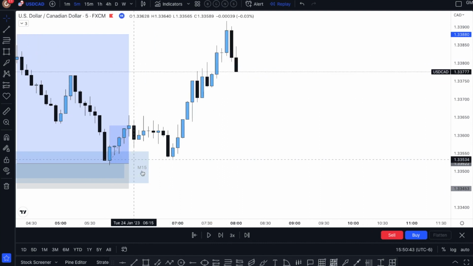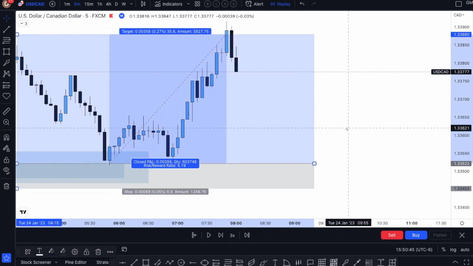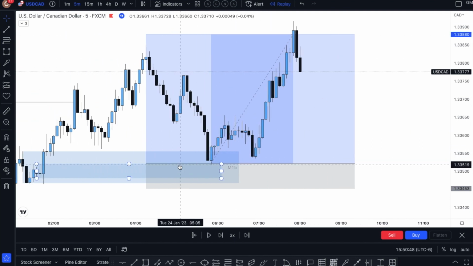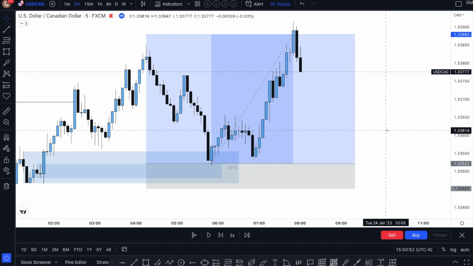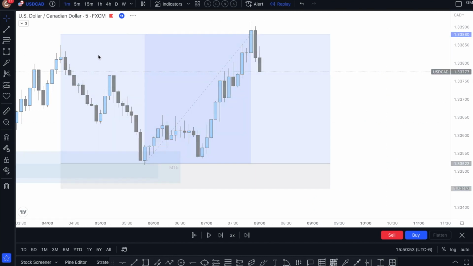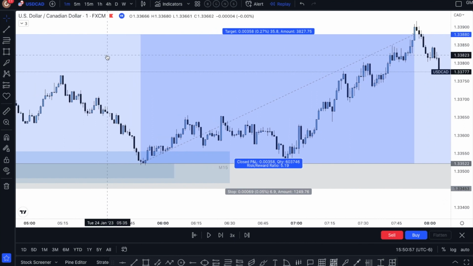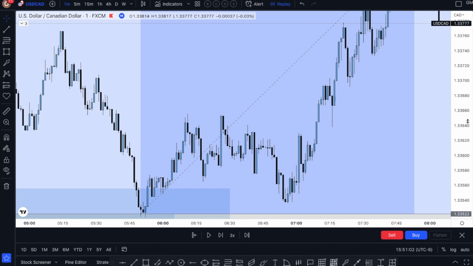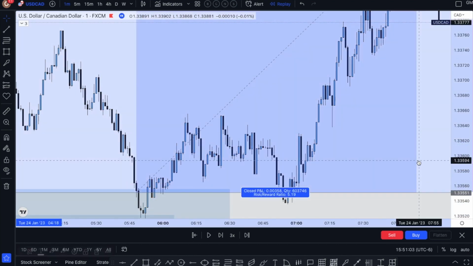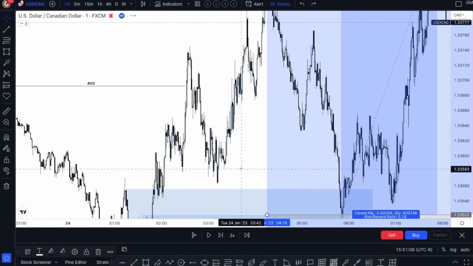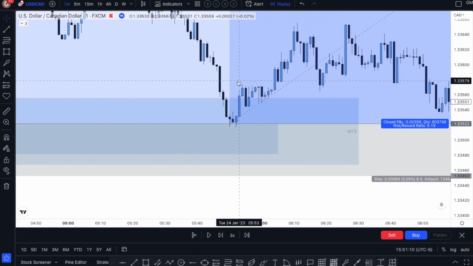Well, there it is. So as you can see, price dipped into our level, our smaller level of demand, before it decided to dip off. Now let's drop it to a smaller time frame just to look and see what's happening on that level as well. One of the things that you can see is on this 1 minute time frame, we also had, let's move this up a little bit, make it a little bigger.